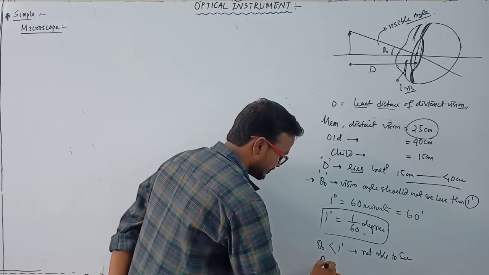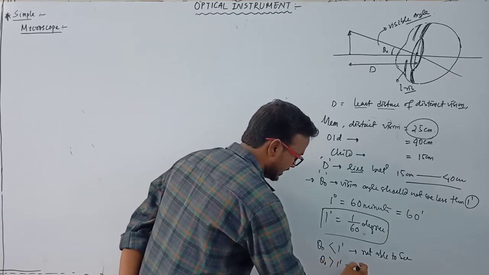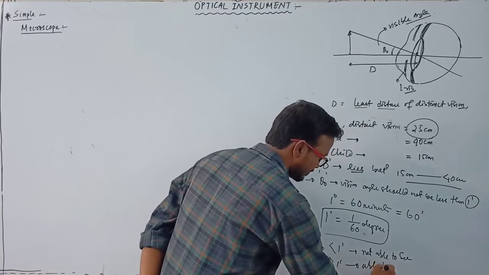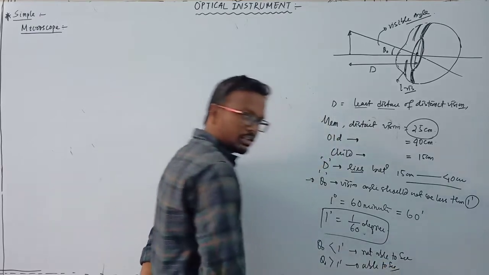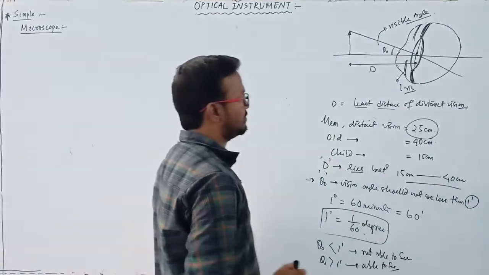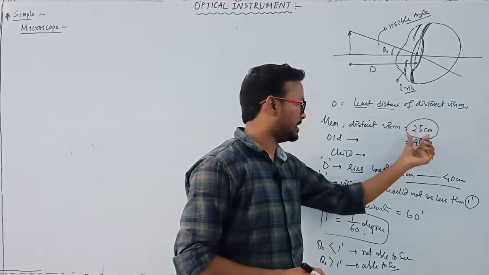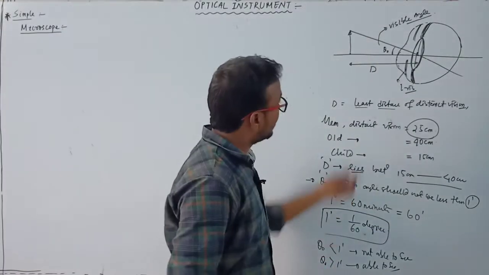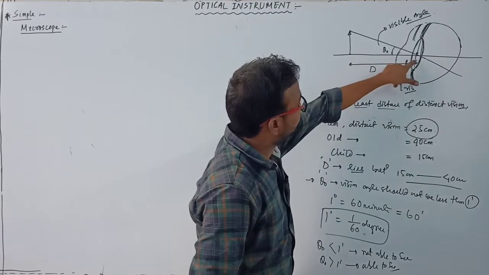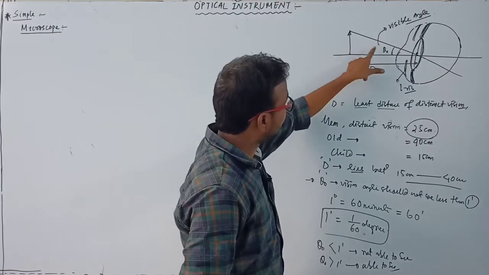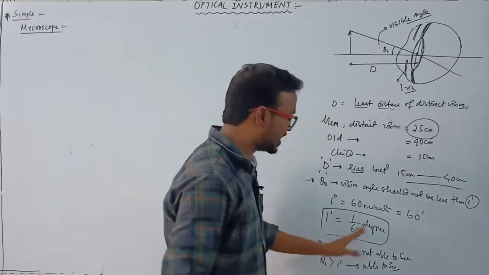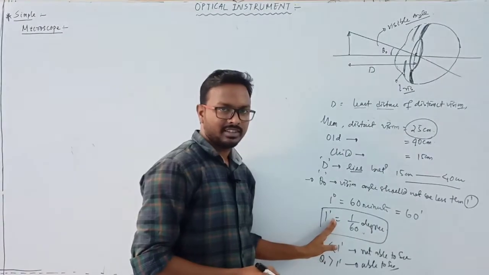If theta naught is greater than 1 degree, then we are able to see. So for distinct vision you have to remember two things. The distance should be the least distance of distinct vision, which is 25 centimeter, and the angle subtended by the eye with an object, the vision angle, should be greater than 1 degree.